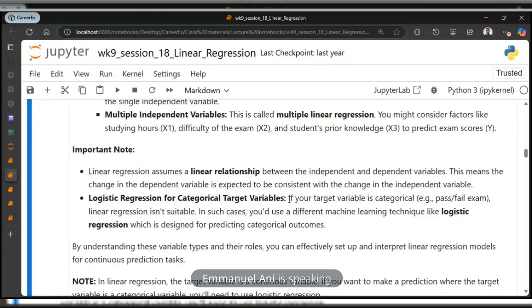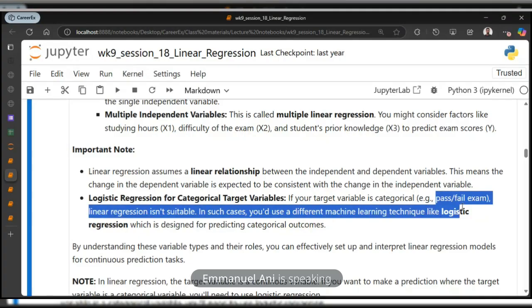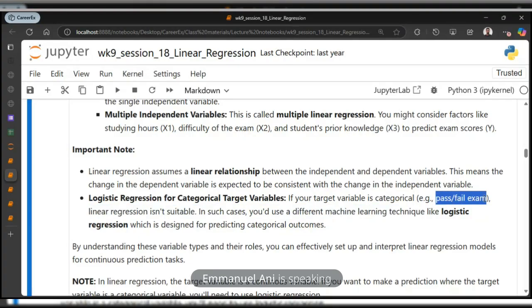If your target variable is categorical, let's say pass or fail, let's assume you want to predict if a student will pass or fail the exam using study hour. Instead of exam score, you now have pass and fail as the target variable. You would not use linear regression again. You would use logistic regression and other regressions suited for classification tasks. This is a classification task because of the type of dependent variable we have.